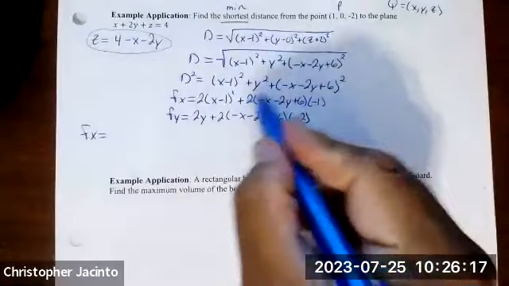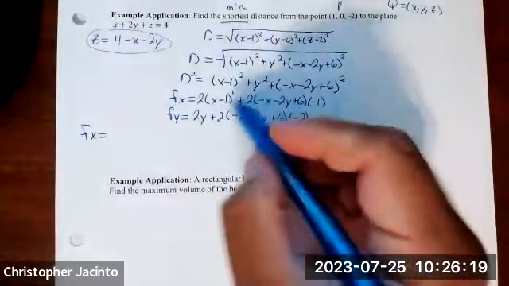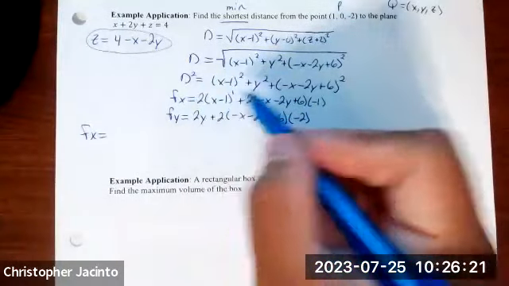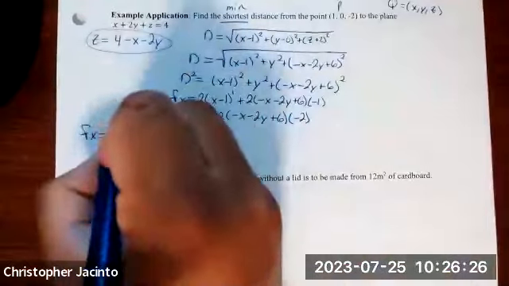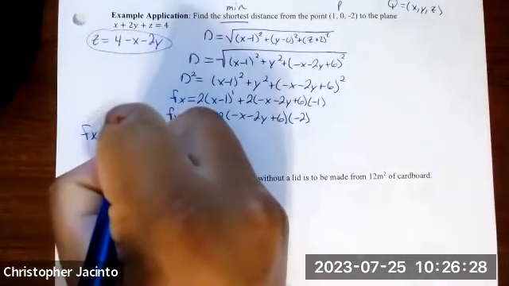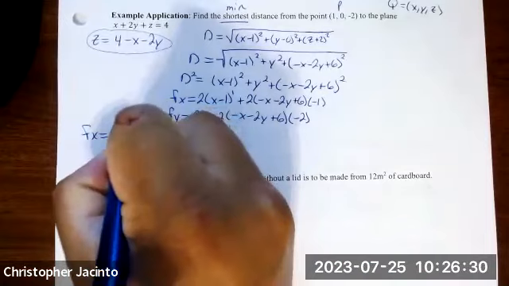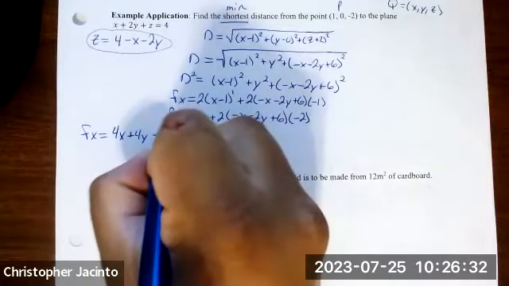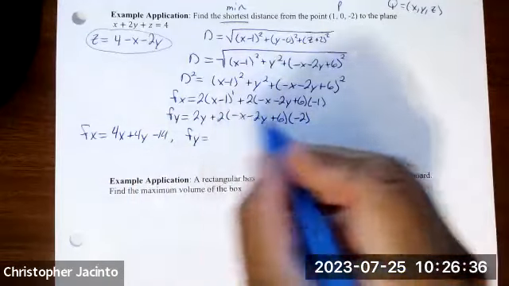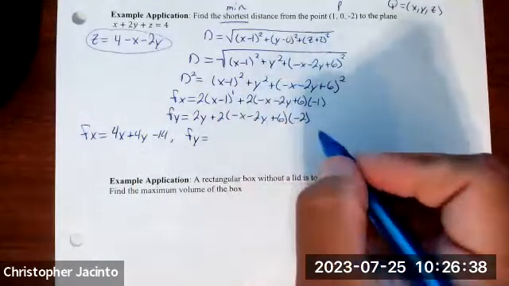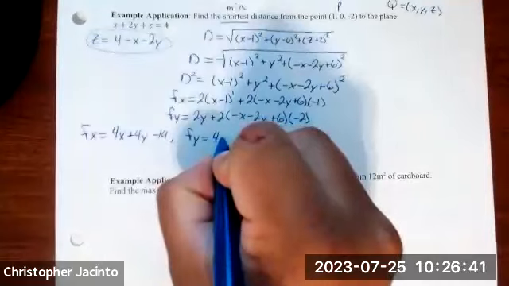If I distribute here and put everything together, this gives you 2x, this gives you -2, and distributing all of this fun stuff, I get something that looks like this. And then do the same thing for y, distributing this -4 to everything gives me this back.